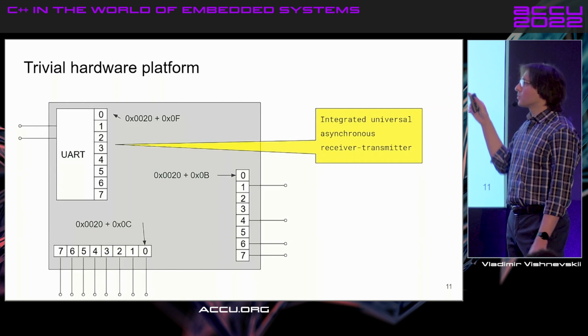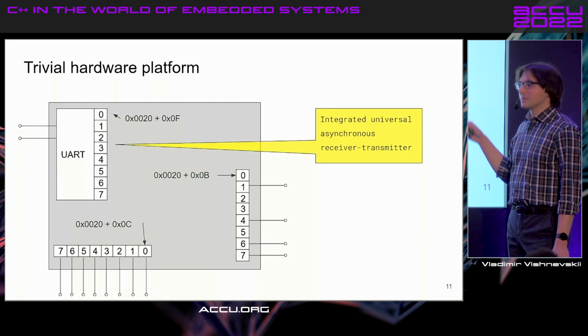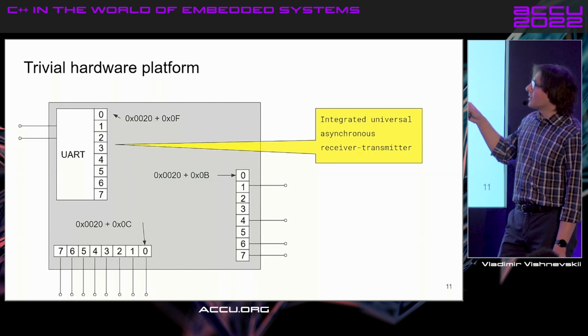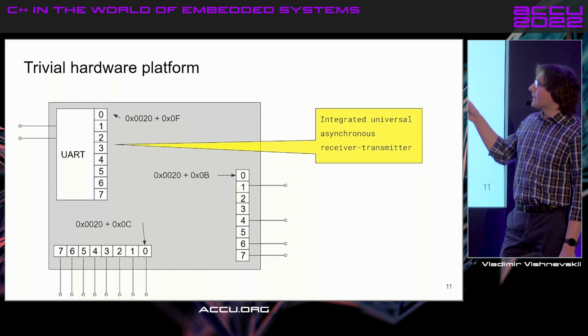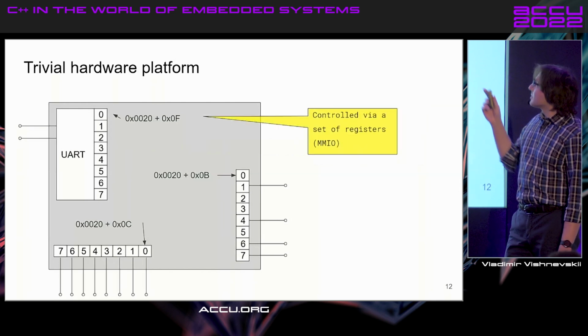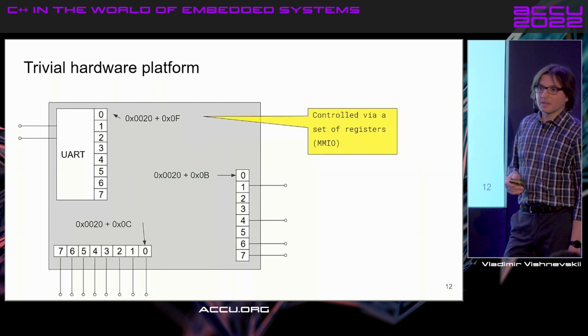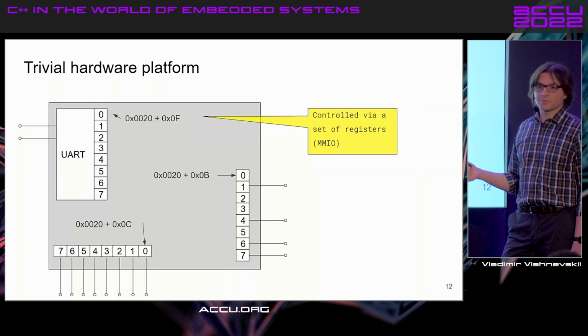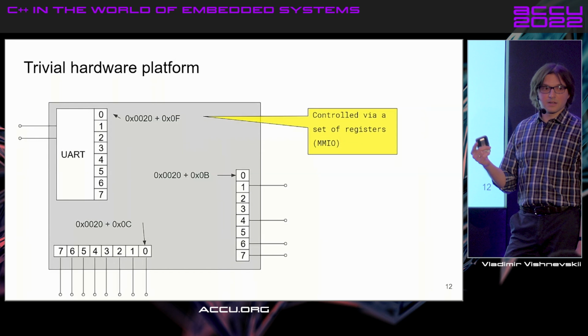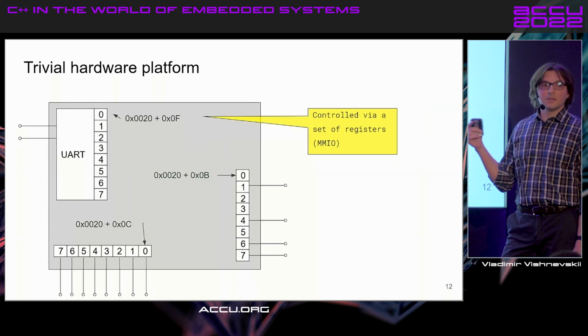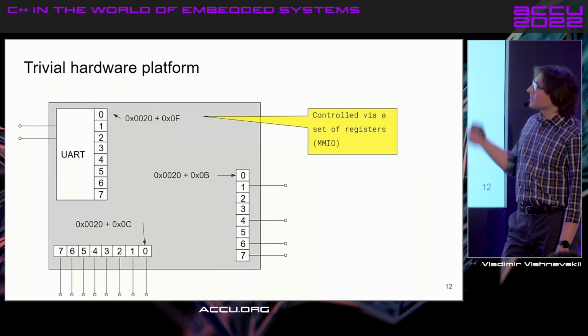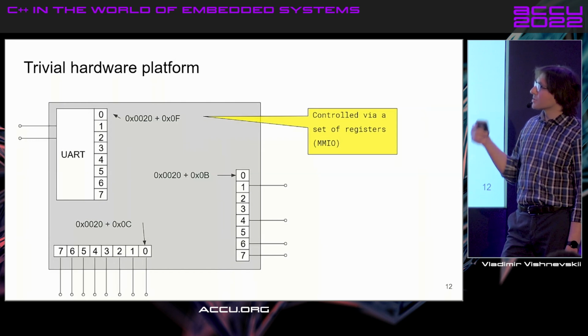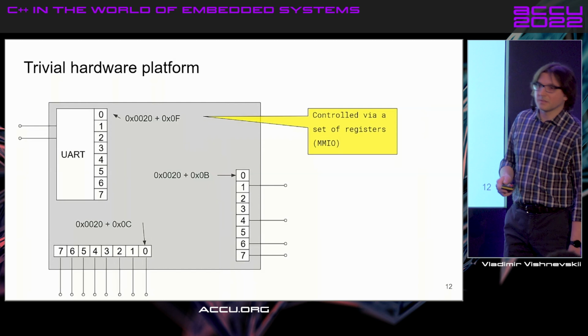They are just for transmitting and receiving data using the UART protocol. And it is controlled in a similar way via memory-mapped input-output. So some particular addresses are responsible for activating the transmission, receiving the data, sending the data.